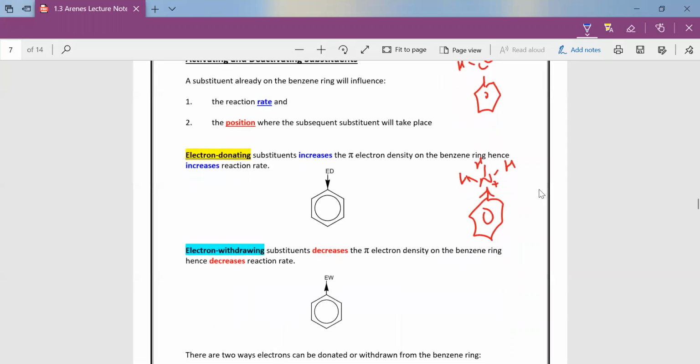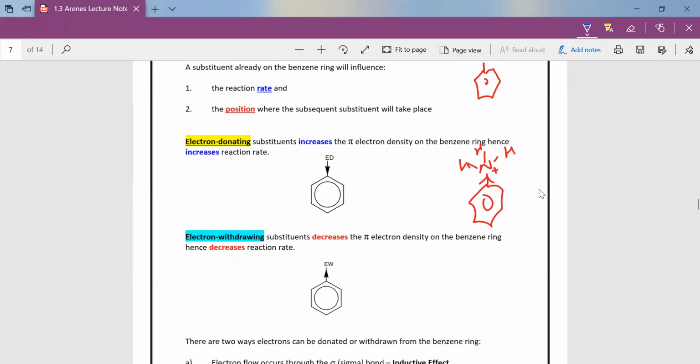There are two kinds of substituent. One is the electron donating kind, which will increase the pi electron density because they donate electrons towards the ring. The electron withdrawing one will decrease the electron density, and hence the reaction rate will drop.